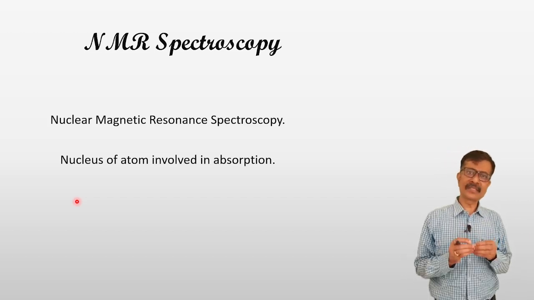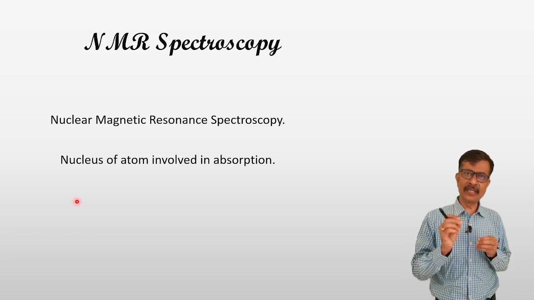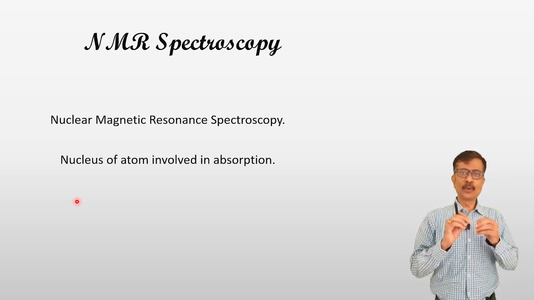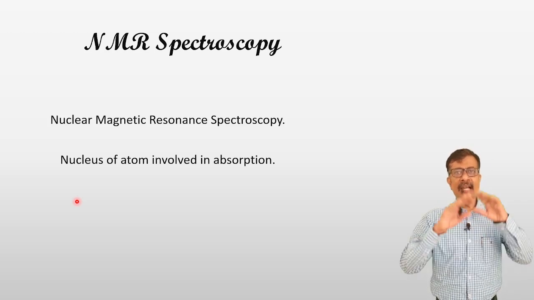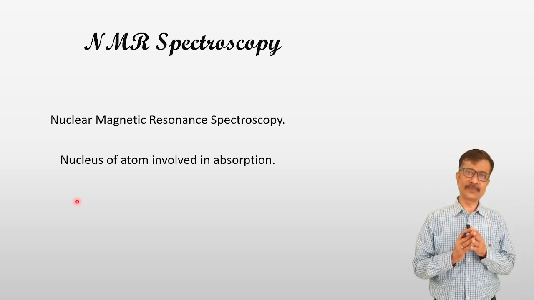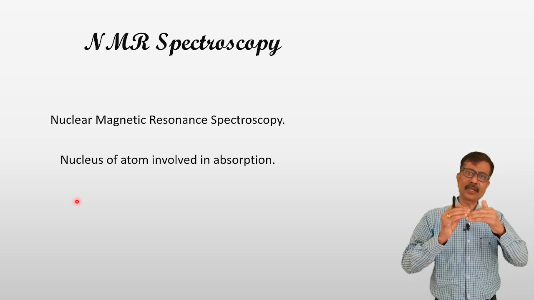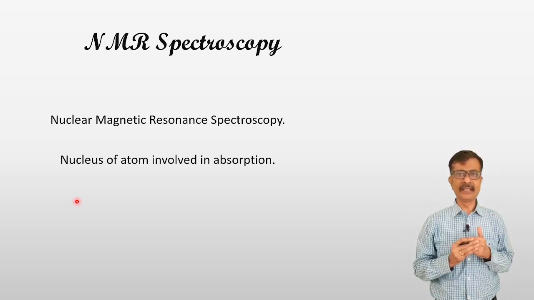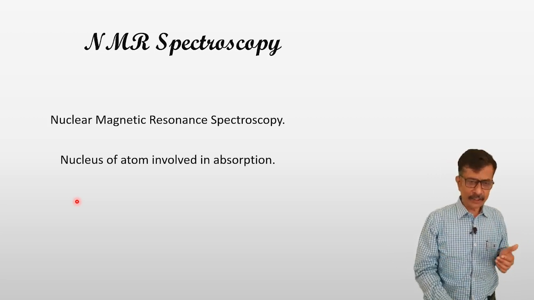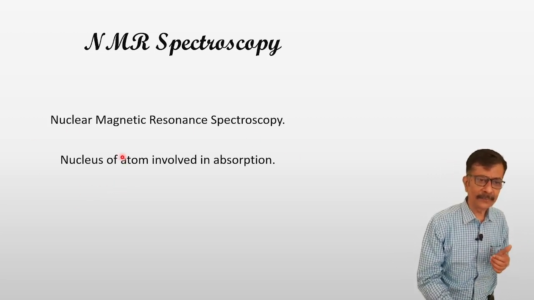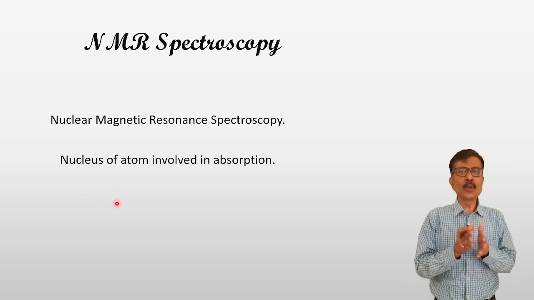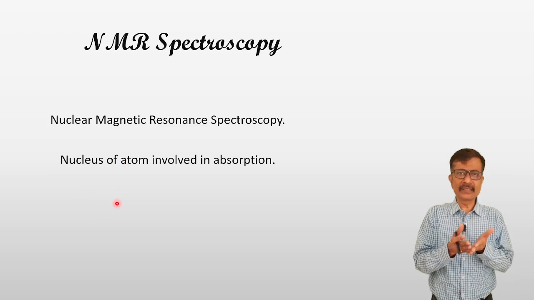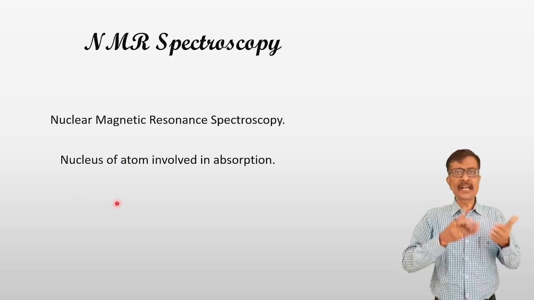An atom contains a nucleus surrounded by electronic orbitals; the nucleus is a positively charged species and electrons are negatively charged species. When electrons are involved in absorption, they shift from a lower energy orbital to a higher energy orbital. But when the nucleus is involved in absorption, there are no such orbitals available for the nucleus to shift to after receiving energy.